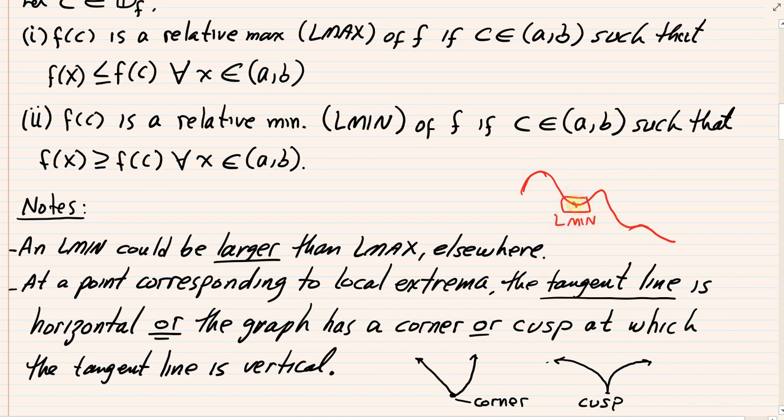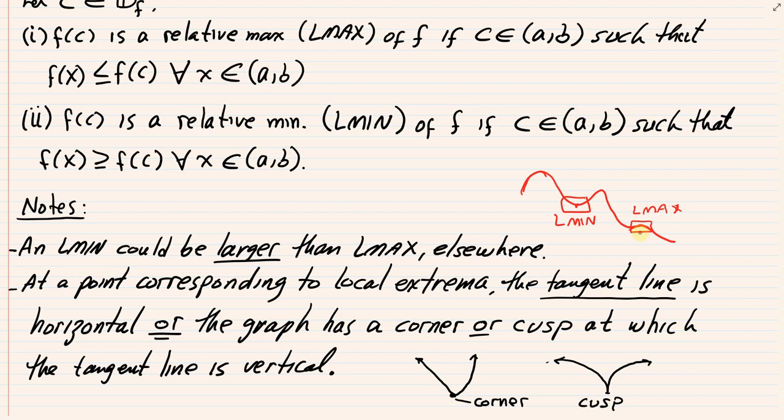Because there's no point lower than that. And that local minimum is going to be greater than a local max elsewhere. Well, my local max is here. This is an L max. And that's what we mean by that expression. The local minimum is higher than local max in another interval. Okay. And the local max could be lower than the local minimum elsewhere. So you can make it that way also.